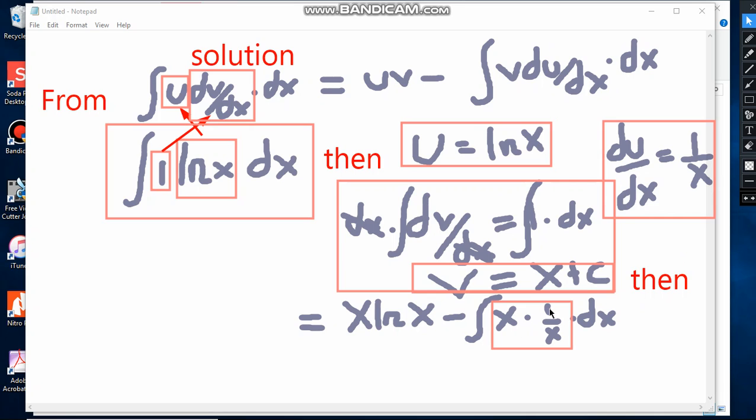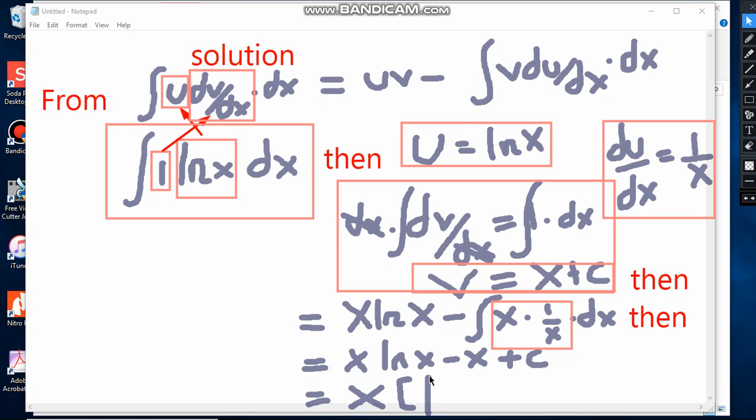But x times 1 over x cancels, remaining 1, so we have x ln of x minus x plus constant. When we take out x, we have x times the bracket ln of x minus 1, plus constant.